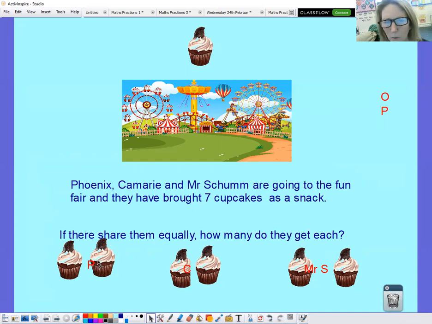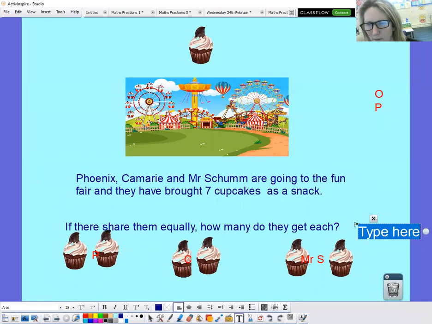We're going to give one equal part to each of them, and we need 3 because there are 3 of them. So how many cupcakes do they get each? They get 2 whole ones, and they get 1/3. So the answer to this question is 2 1/3. Well done.